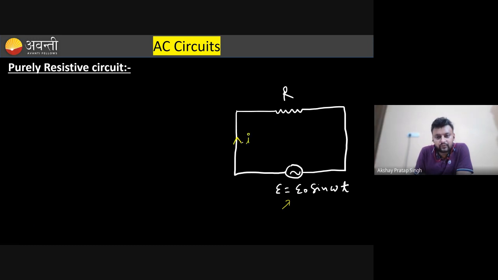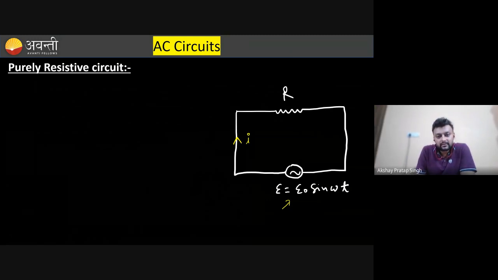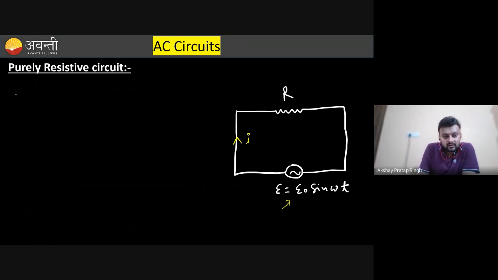Suppose the current moving in the circuit is I. Then what is the punchline? The first punchline is that EMF and current will be in the same phase.